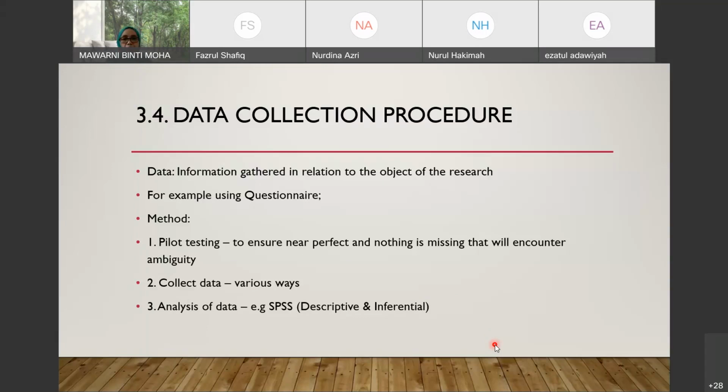Okay, right. And 3.4 data collection procedure. For example, if you use a questionnaire, you go for pilot testing first to ensure that your questions are near perfect and nothing is missing that will encounter ambiguity. That is verifying a questionnaire.